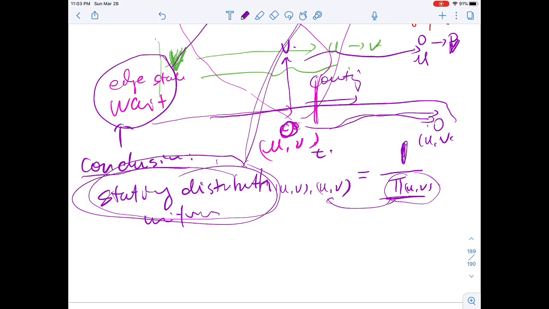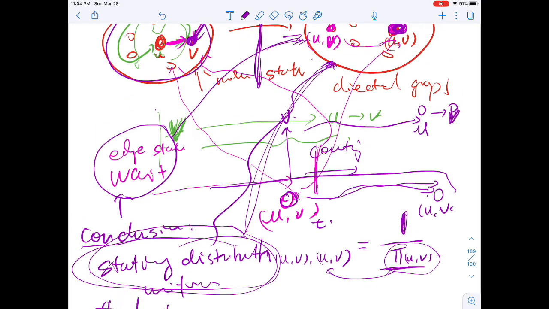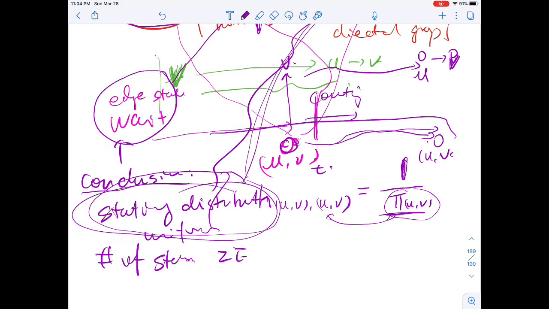And the number of states in the edge graph is 2 times the number of edges, because each edge is converted into two states, because there are 2 directions, right?